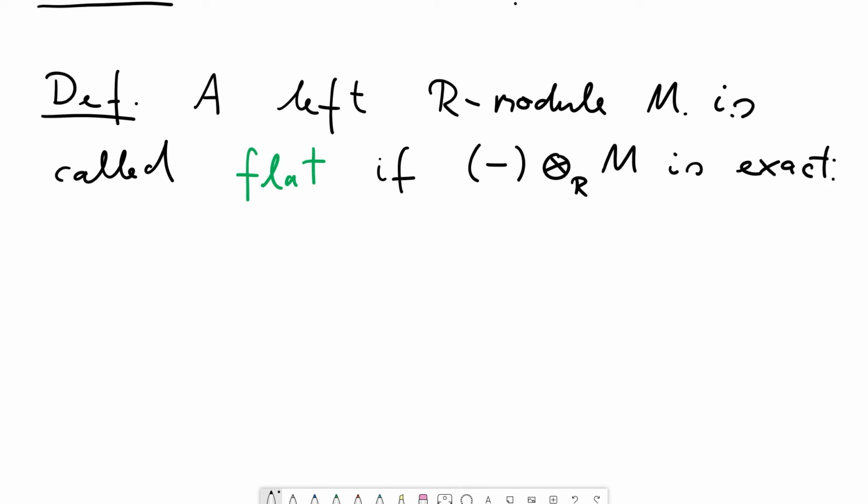Okay, and there is again a proposition, this time saying that projective modules are flat.